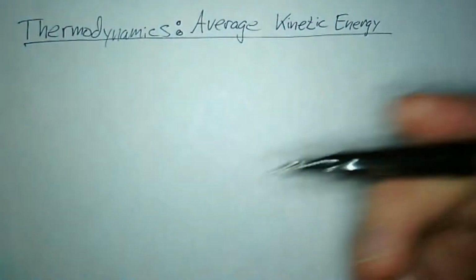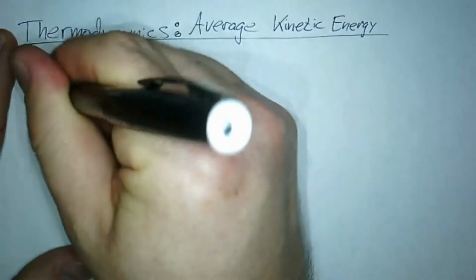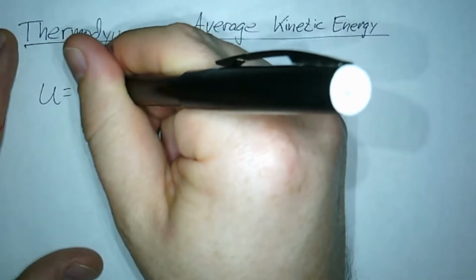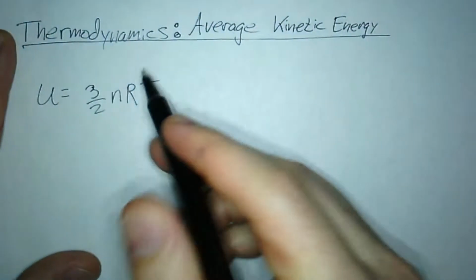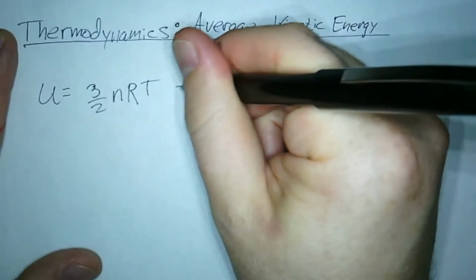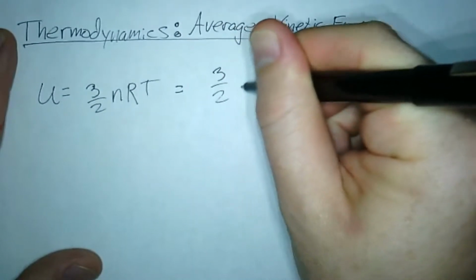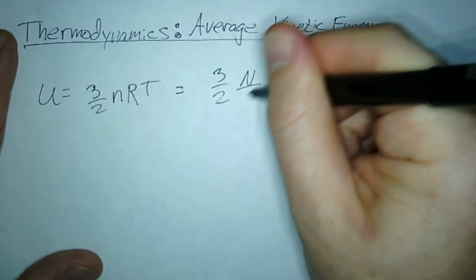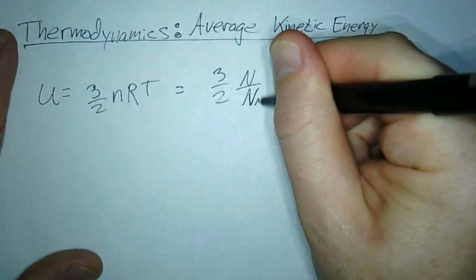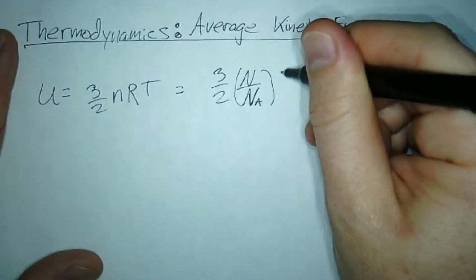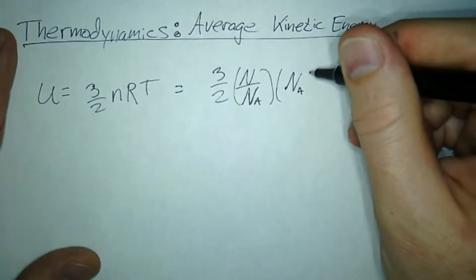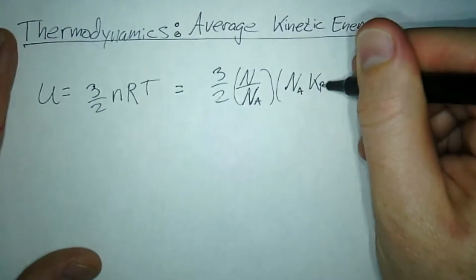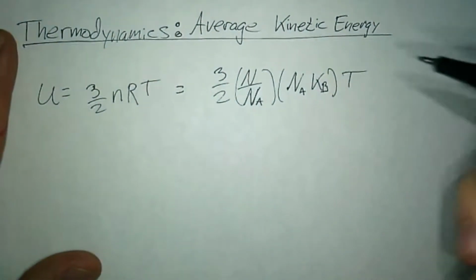If you watched my Boltzmann's constant video, you would have seen that the internal energy of a gas, we normally would write as 3/2 nRT for a monatomic gas, which can become 3/2 n, which is the number of particles in the gas, over Avogadro's number, times the universal gas constant, which is Avogadro's number times Boltzmann's constant, times the temperature in Kelvin.